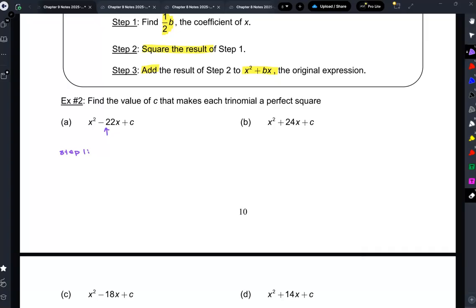What do I get? Negative 11. Step 2, I square the result. So I get positive 121. Step 3, I add it to this.